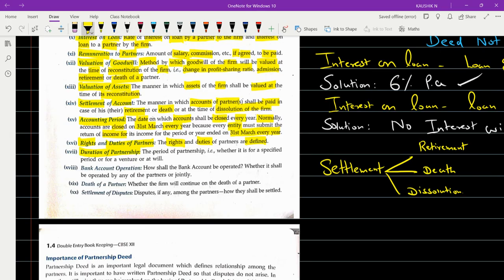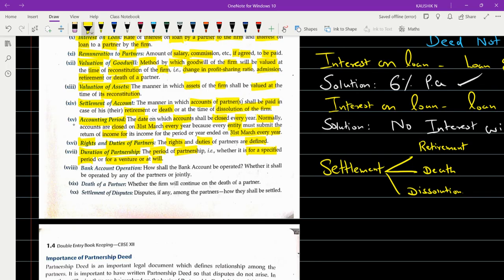So, the period of partnership, whether it is for a specified period or for a venture or whether it is at will. So, how are you going to carry it? That should be mentioned very clearly.